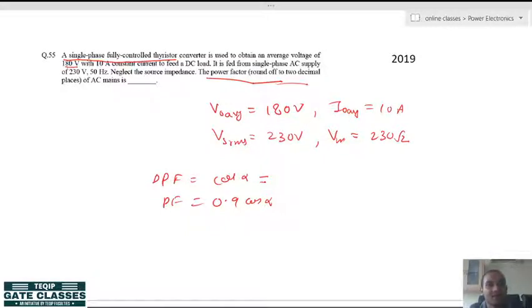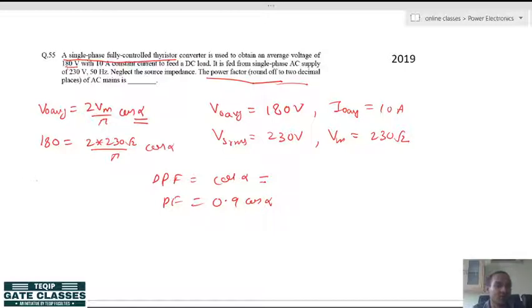Since E is not mentioned here, we can simply write that for such converters, V naught average is basically 2 Vm upon pi cos alpha. So, from here you can calculate the alpha value. V naught average is 180, equal to 2 into 230 root 2 divided by pi cos alpha.